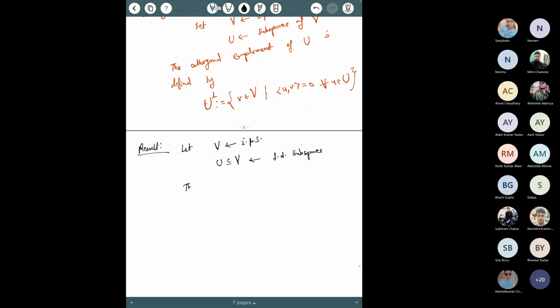Then you can write V as a direct sum of U and its orthogonal complement.